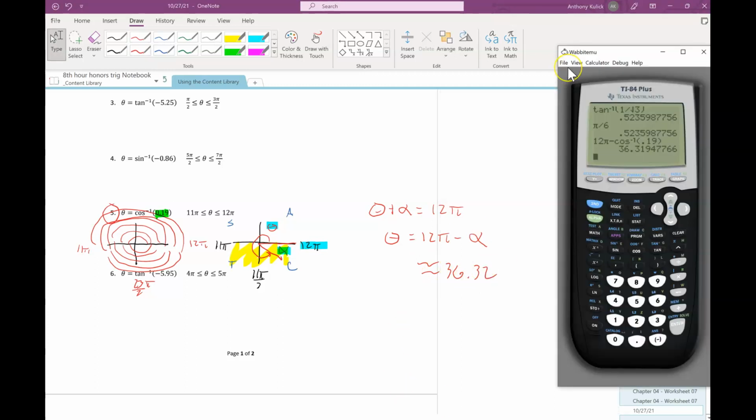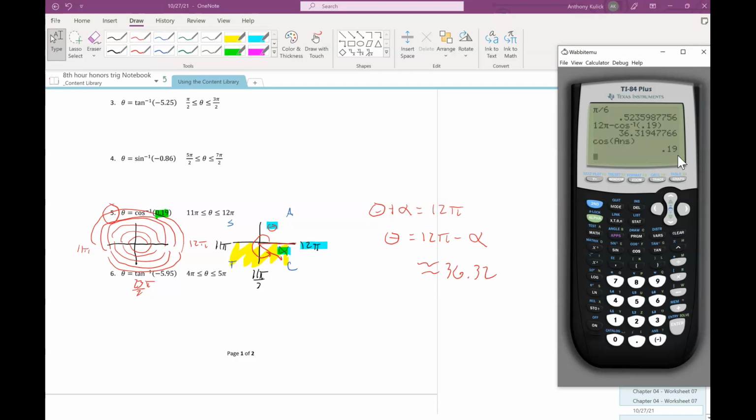Just FYI, you can check these. Even if this is not a unit circle one, we can still check this. How would you check it? Cosine of 36.32 better give me 0.19, which it does. So I'm pretty confident that I'm good.